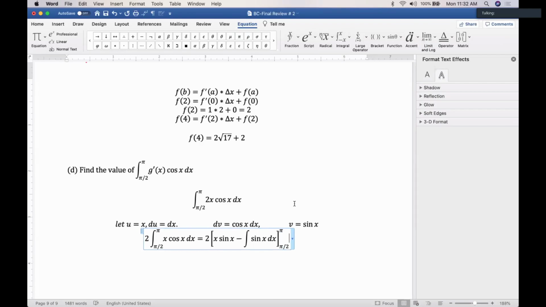Yeah. That's it. So let's get the answer for that first. Integral of sine is negative cosine, so it's a plus cosine x. Now just substitute the values in.